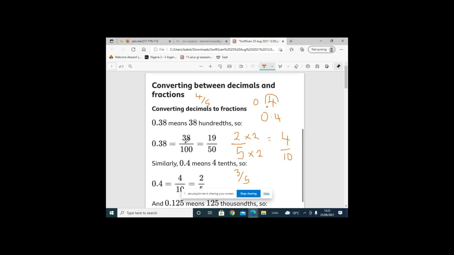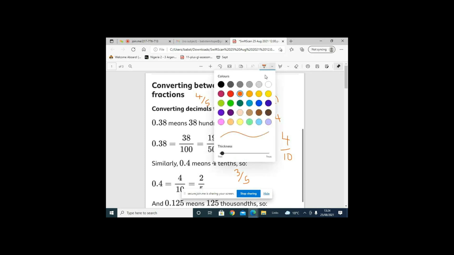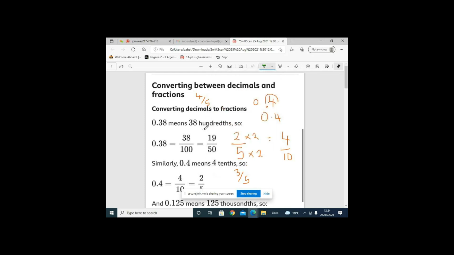So I asked you to convert 4/5 to decimals, Placidia. Okay, so I stopped at 2/5. I did not even see the calculation at first, so I didn't get the question. All right, let me just explain it again. So I know it's 2/5. What you have to do is check the denominator. The denominator of that fraction is 5. So you just make 5 to 10 or 100, which makes it easier.